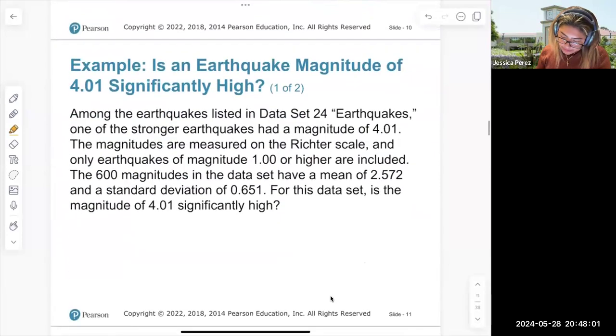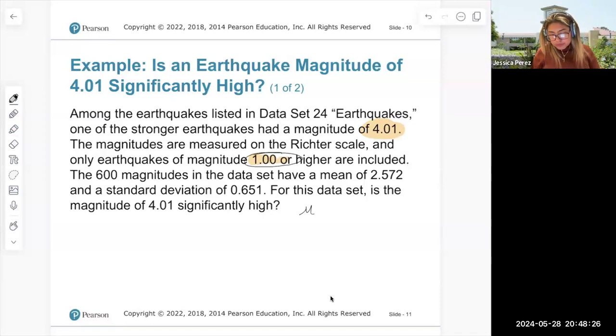Let's look at this one. Among the earthquakes listed in the data set of 24, one of the stronger earthquakes has a magnitude of 4.01. The magnitudes are measured on the Richter scale and only earthquakes of magnitude 1 or higher are included.